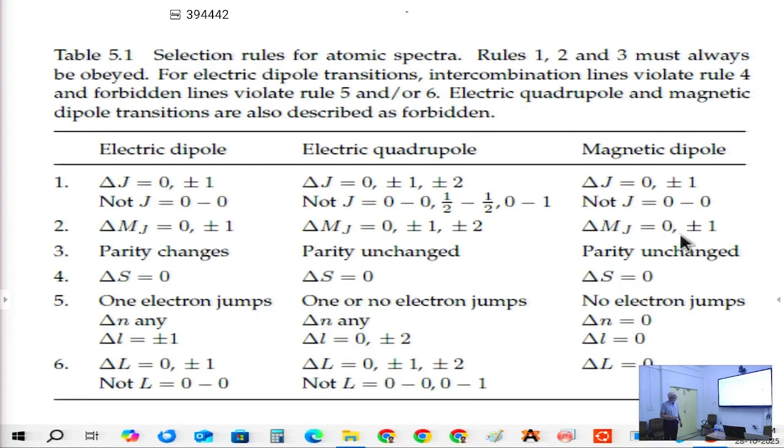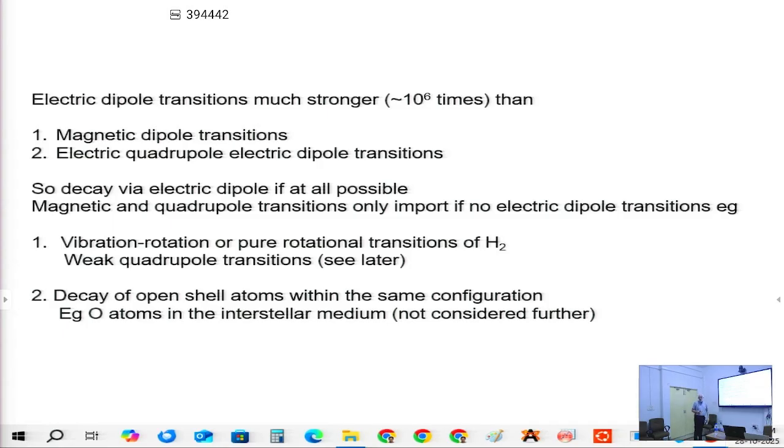So the first thing to say, I've got three columns here: electric dipole, electric quadrupole, and magnetic lines. The electric dipoles are much stronger. I say 10 to the 6, but I think it's more like 10 to the 8, actually, times stronger. So basically, if you have a dipole transition, it will happen, and you forget about the other ones.